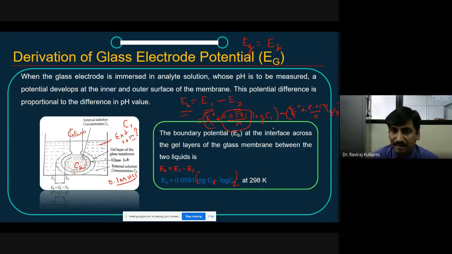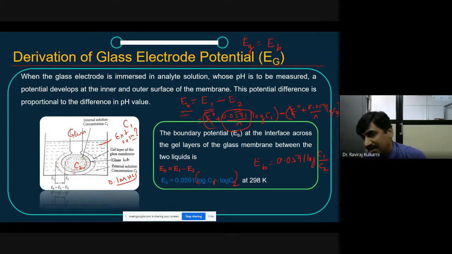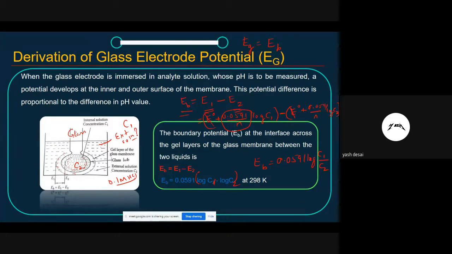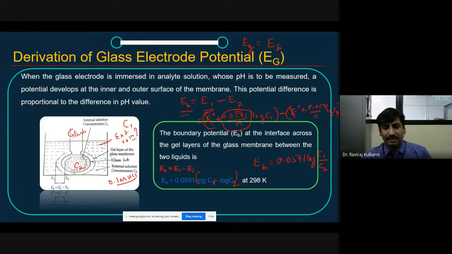So what is EB, the boundary potential? When the concentration of H plus ions on either side of the membrane is different, there exists a potential that we call the boundary potential. Its value is given by 0.0591 into log of C1 by C2, right? Yes, sir.